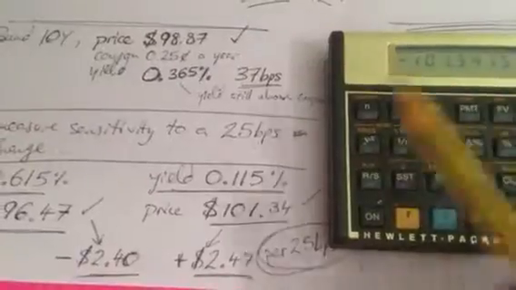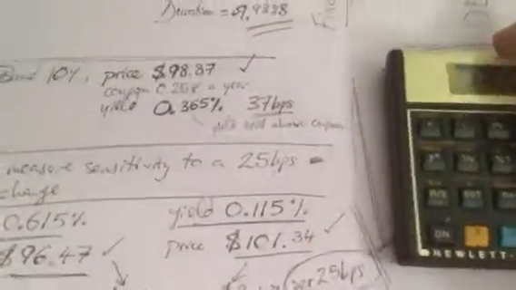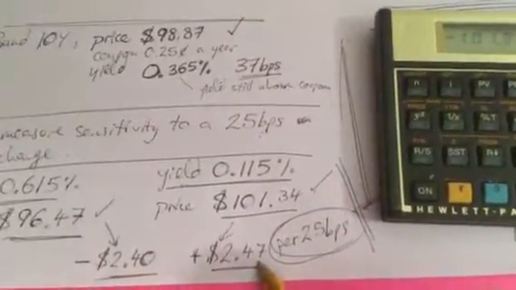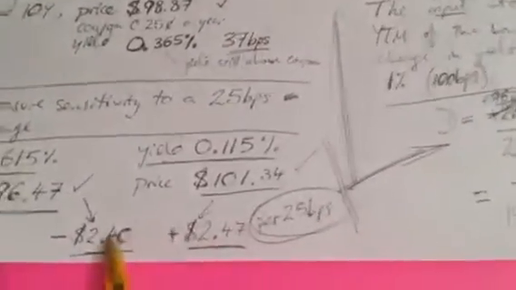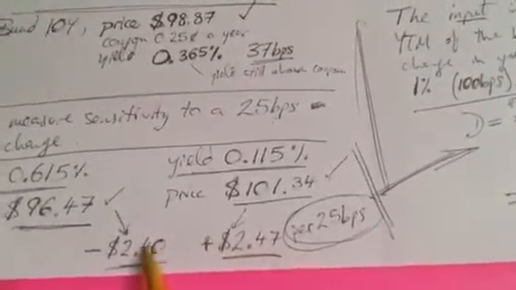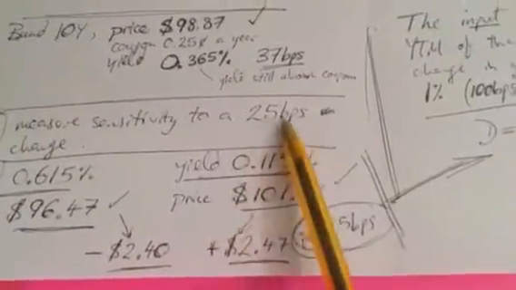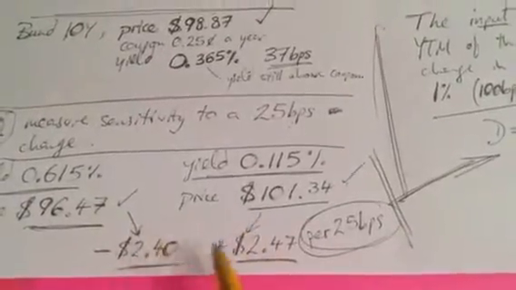So the present value is $101.34, which means that the price will appreciate by $2.47 in this case. So I can already see a price sensitivity here of between $2.40 and $2.50 for a 25 basis point move, which is quite strong. It's about 2.5% change in price.